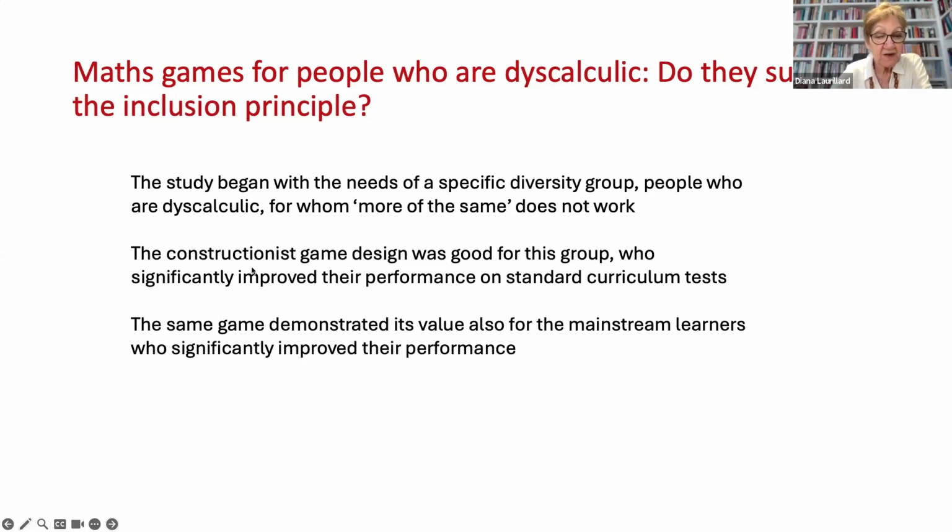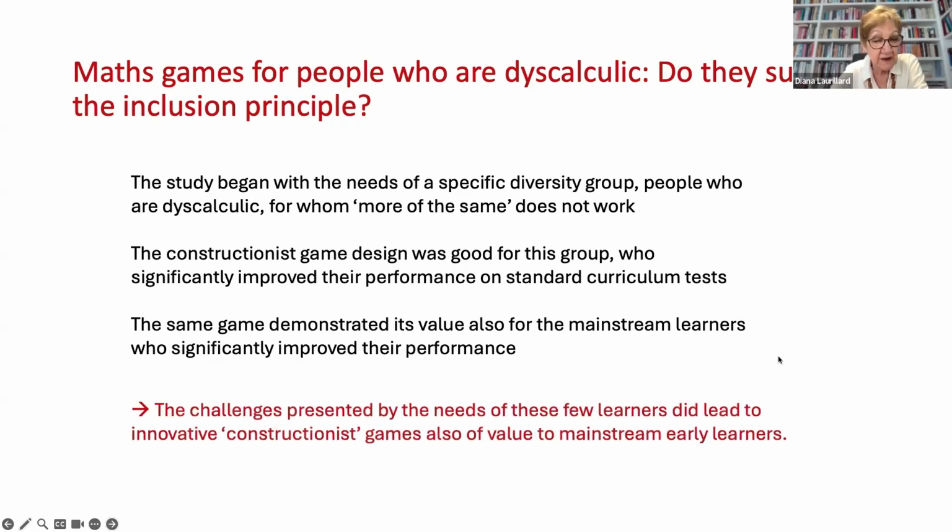But for that group, the constructionist game was good, and they significantly improved their performance on standard curriculum tests. But the same game demonstrated its value also for the mainstream learners, who significantly improved their performance. So this is a nice example of the challenges presented by the needs of the few, and it did lead to an innovative constructionist game, which is also of value to mainstream learners.